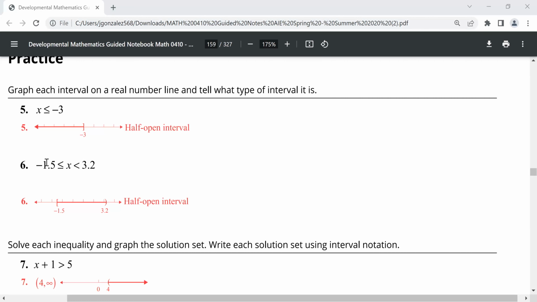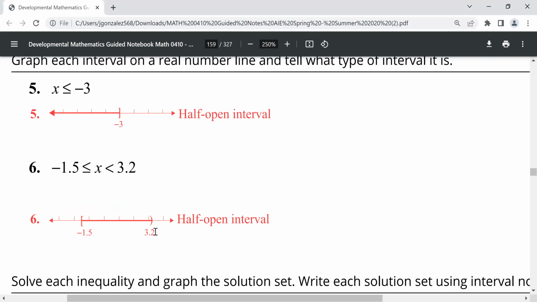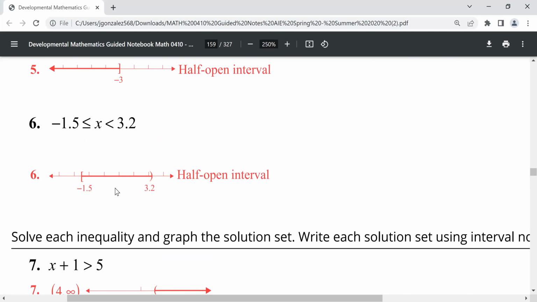And when you see three of them like this, X is just between them, literally. So put a bracket on the left side, it's equal to. Everything in between -1.5 and 3.2. Parentheses on 3.2 because there's no equal to, right? Make sense?